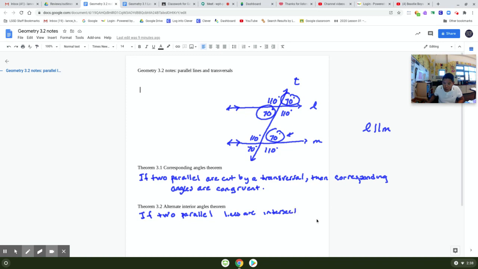Just rewording it a little bit differently now. They're intersected by a transversal instead of being cut by a transversal, although that means the same thing.